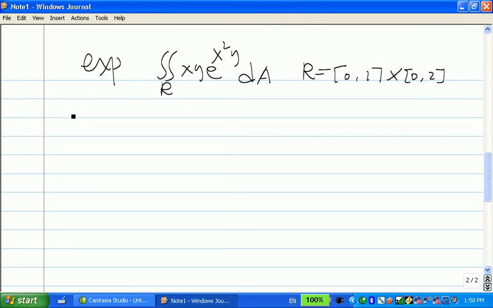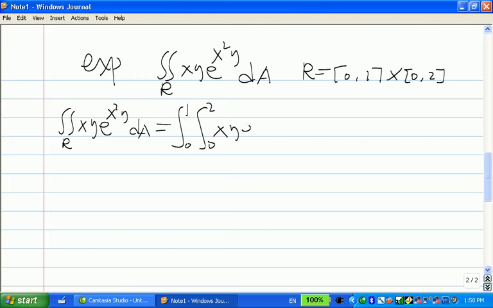By what we just learned, this double integral can be written as two iterated integrals. If I put 0, 1 here, then 0, 2 here, then you put your function here. Now, which one should we put first, dx or dy?